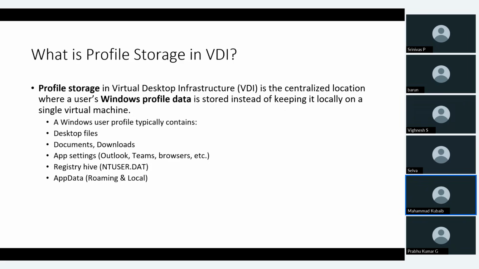Typically a Windows profile contains desktop files, documents, downloads, app settings such as Outlook, Teams, or browser, etc., and registry related information and application data. These are all included in a profile. So instead of keeping the profile in a particular VM or VDI, we are going to keep it in a centralized location.